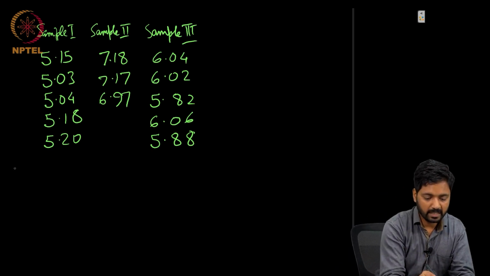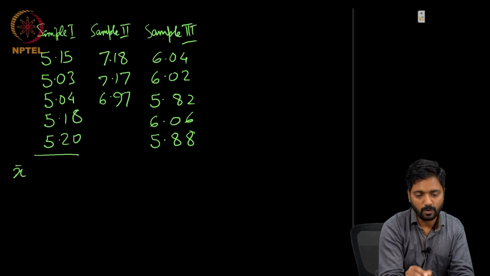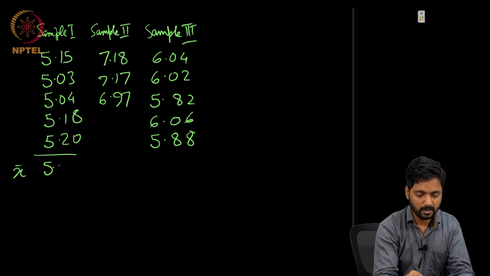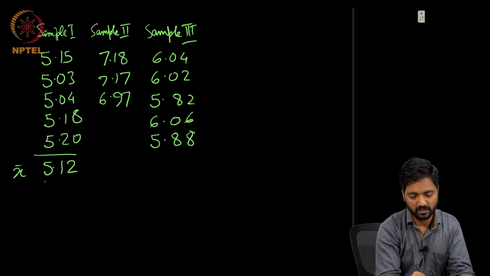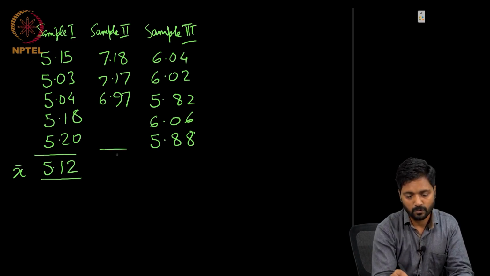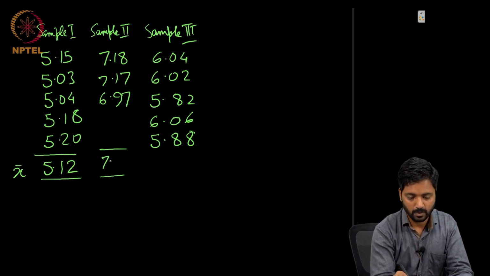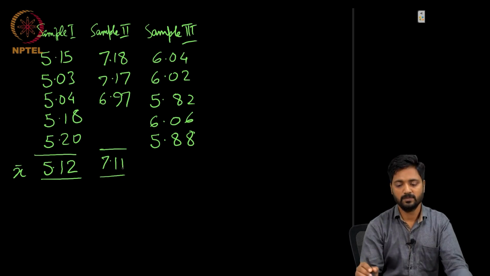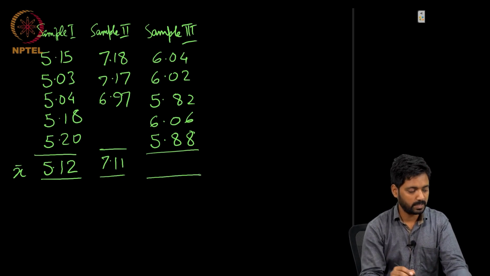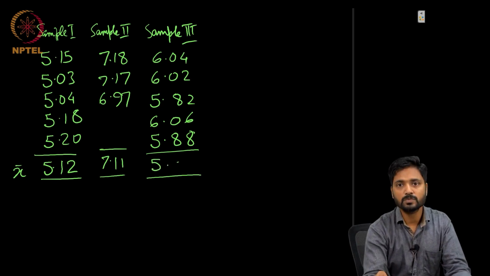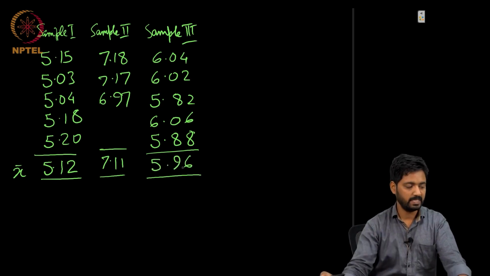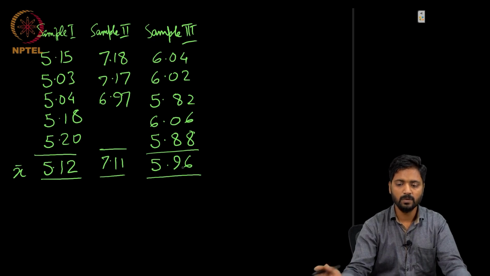If I take the average value of these samples, for sample 1 this comes out to be 5.12. For sample 2, the average value is 7.11. Similarly, for sample 3, this value comes to be 5.96.